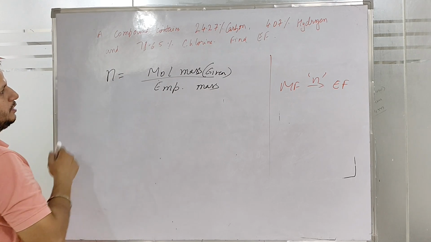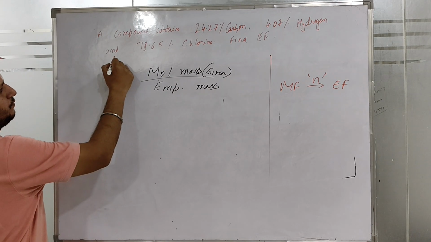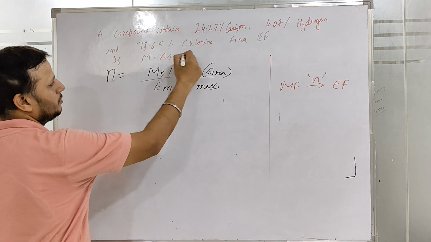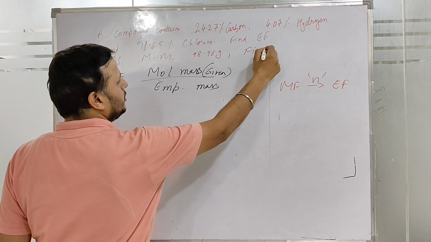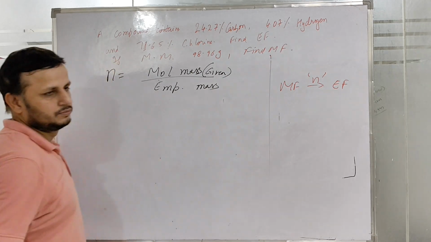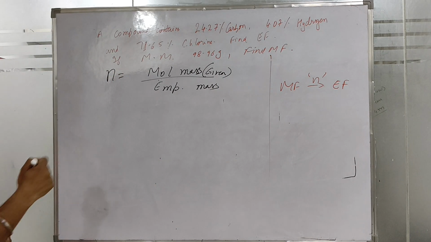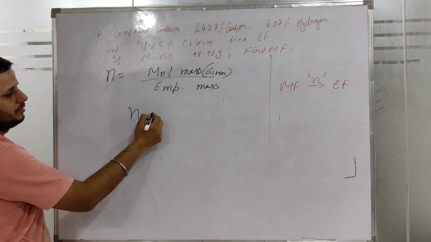इस क्वेश्चन में आगे लिखा होता है इफ molecular mass of compound is 98.96 gram, find molecular formula. For that we have to find n.